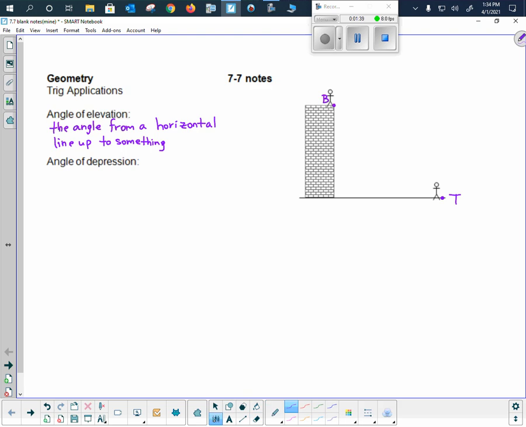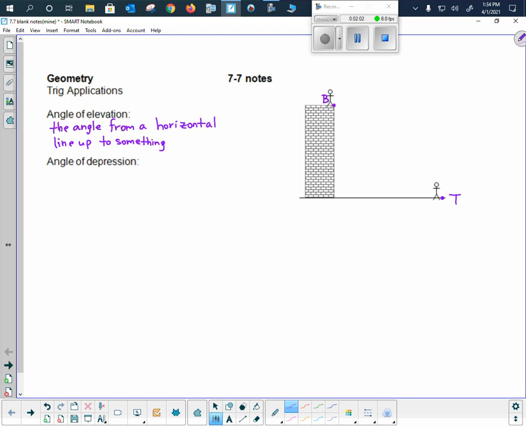Okay, what that means is rotating from this horizontal line, right? This is the only horizontal line that I see. So rotating here from the horizontal line up to a line that you need to draw in from T to B, that would be your angle of elevation. Okay, so I'm going to erase this and go ahead and put in what we just said.